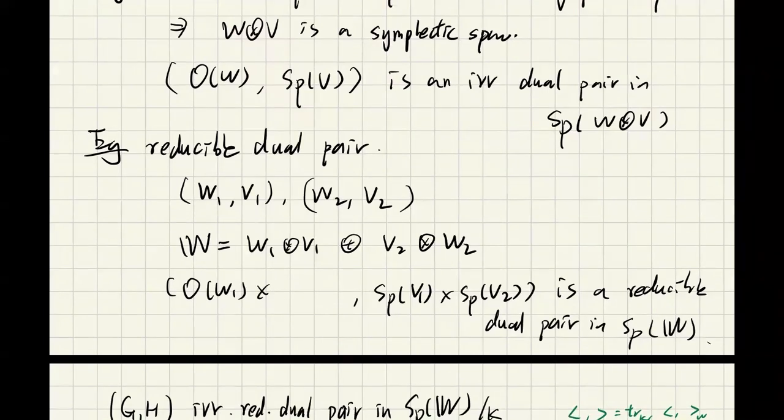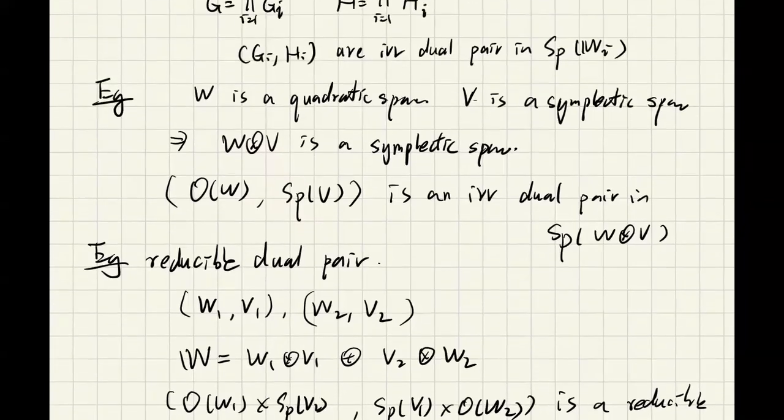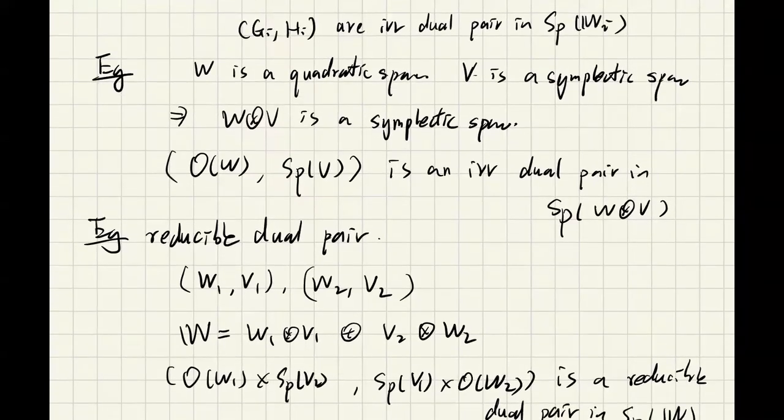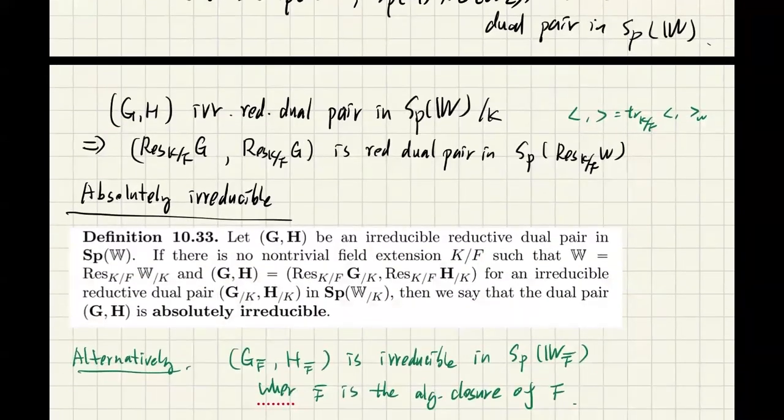For example, it's like Sp(V2) here, you put O(W2). Okay, so this is again a reducible dual pair. Therefore you see, to understand the general dual pair, you essentially want to classify all irreducible dual pairs.